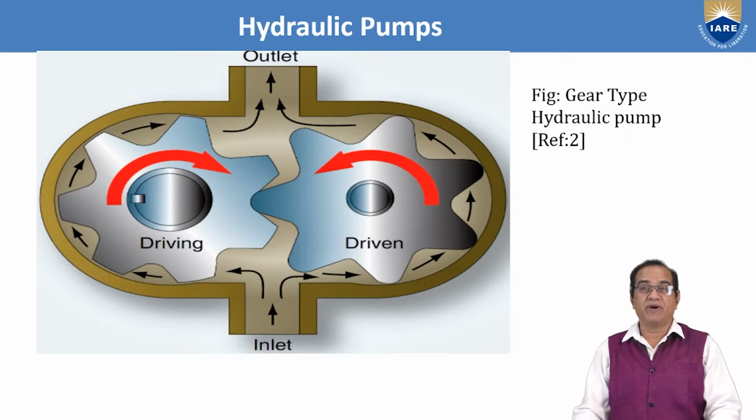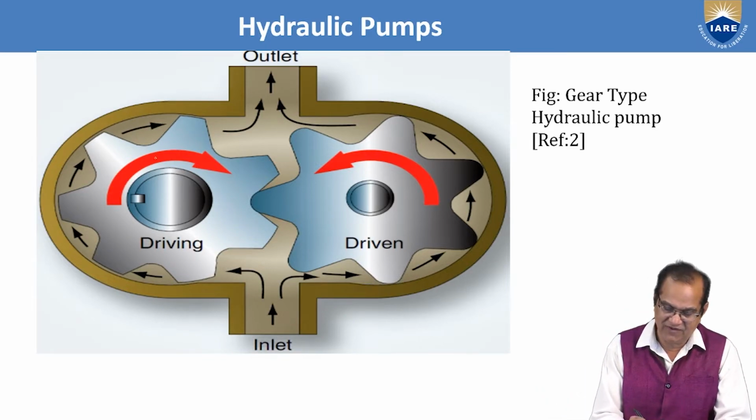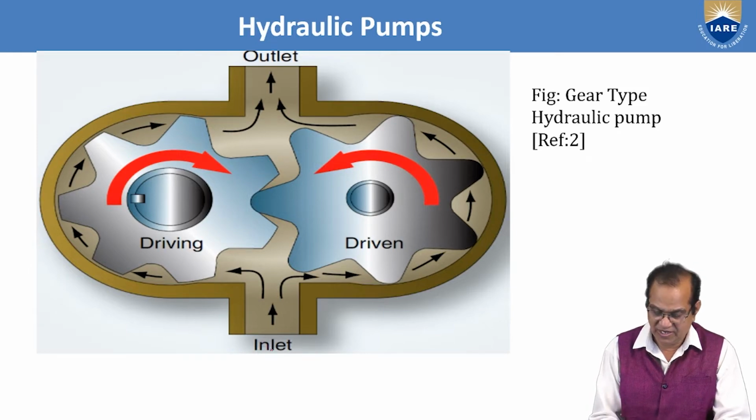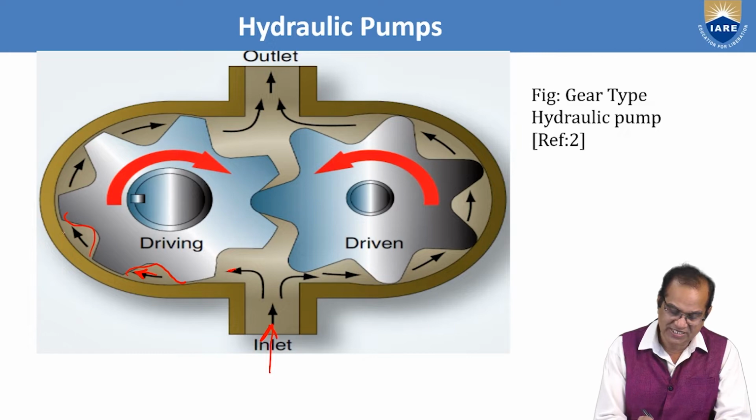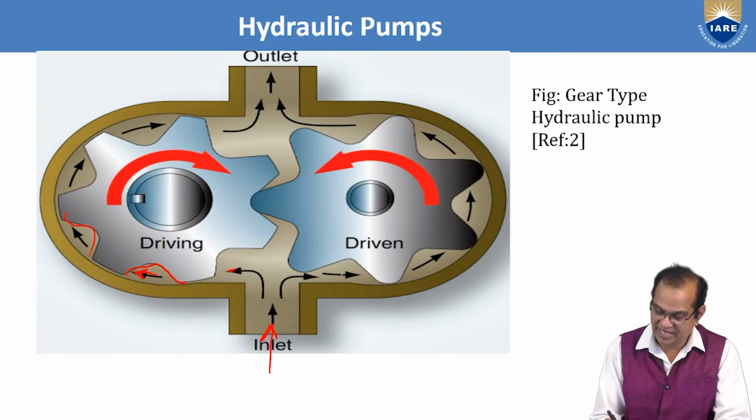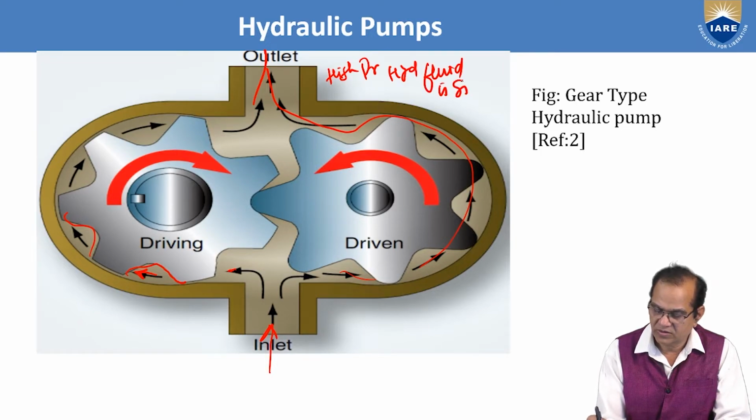Now hydraulic pumps. This we can see, it is the driving and this is the driven. Fluid is entering from here, then it is going here and trapped inside this groove, and slowly it is pressurized, area is reducing, and in the same way it is going here and the outlet gives high pressure output.